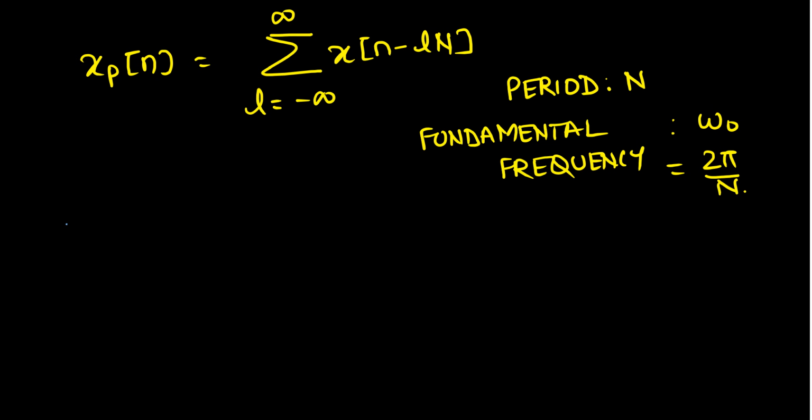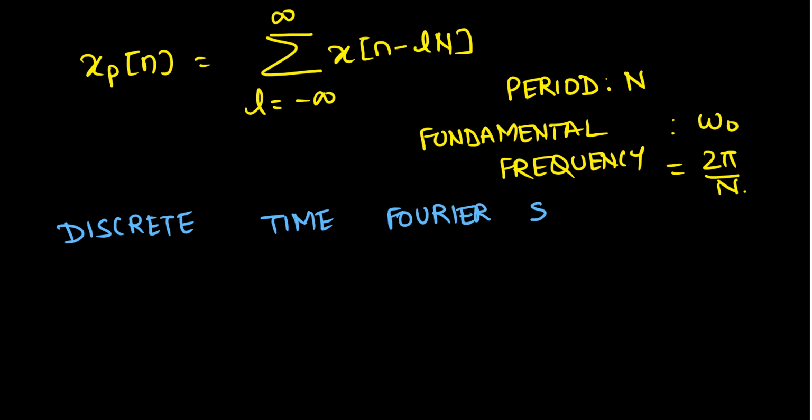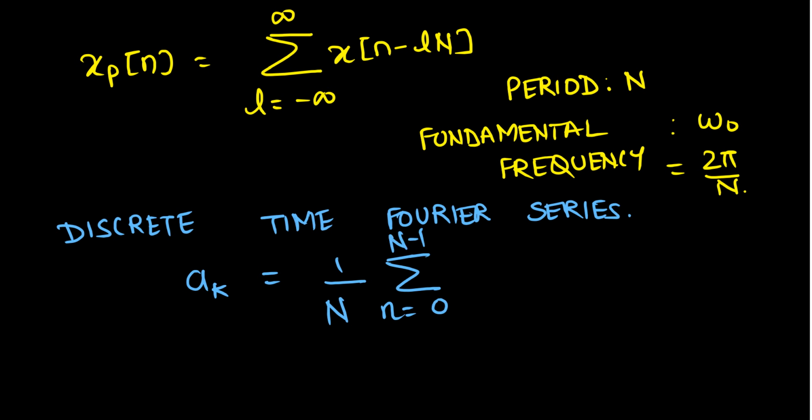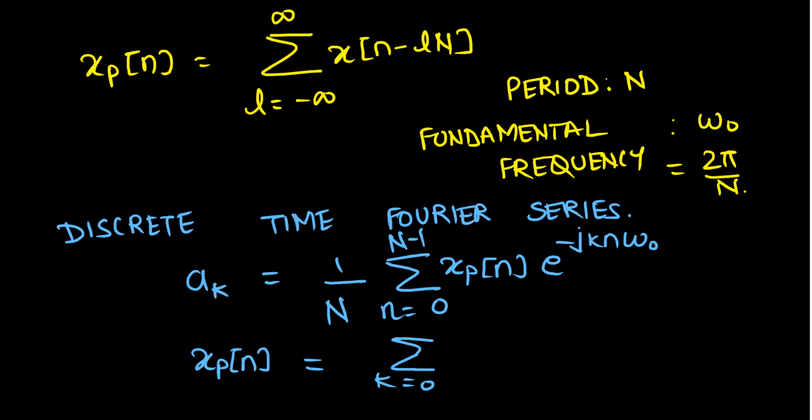So for periodic signals we have the discrete time Fourier series, where the coefficients ak are given as 1 over n summation n running from 0 to n minus 1, or rather any interval of duration n samples, of xp of n, the value of xp of n in that particular duration, into e to the power minus j k n omega naught, and this xp of n is given by summation k running from 0 to n minus 1.